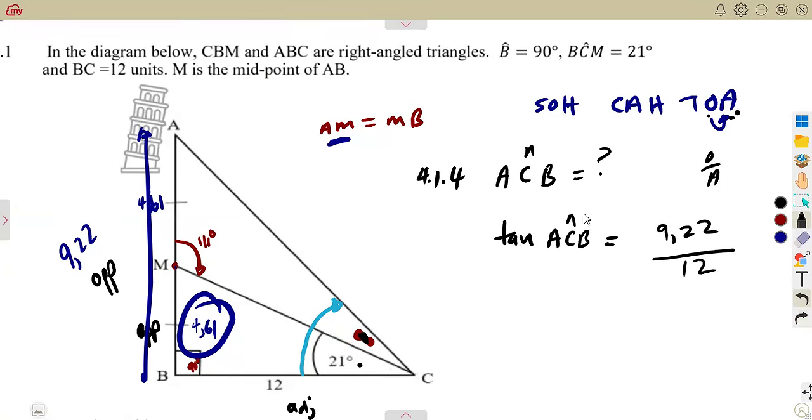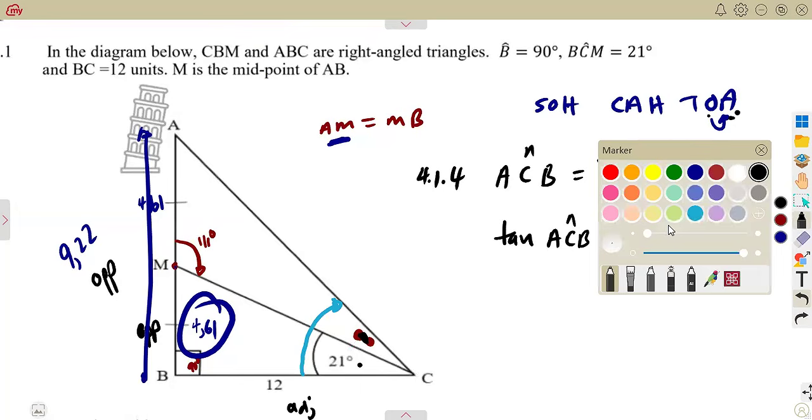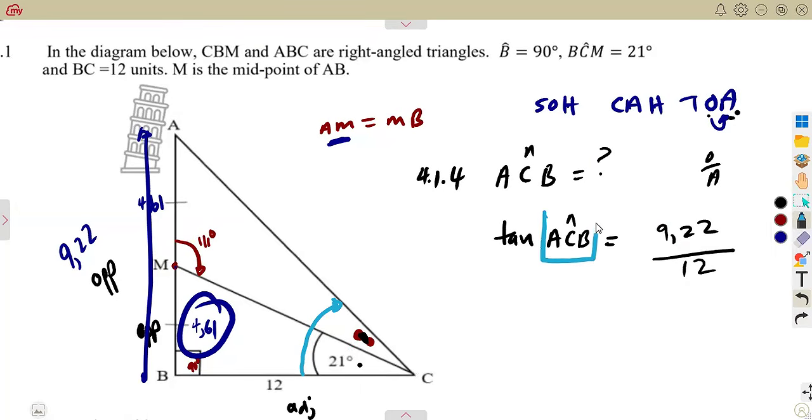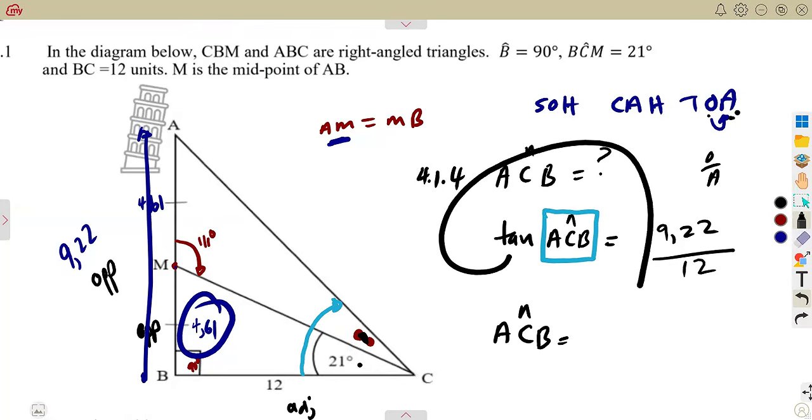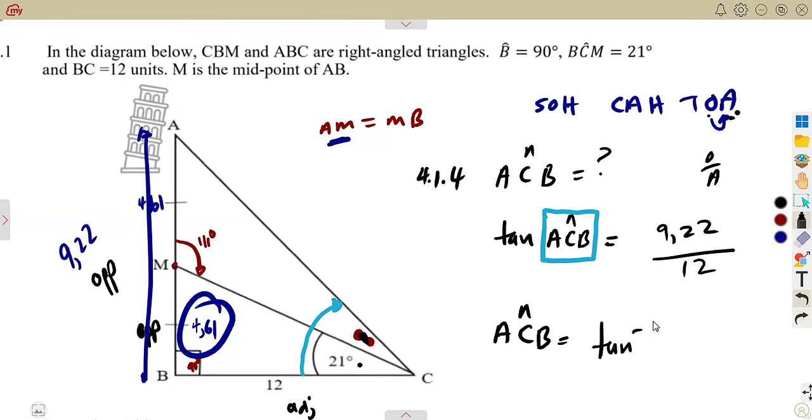So to calculate the angle, as long as I want to determine this angle ACB, I have to remove this tan and write it on the other side as arctan. If it was sine, arcsine. If it is cos, arccos. So it's arctan of 9.22 over 12.